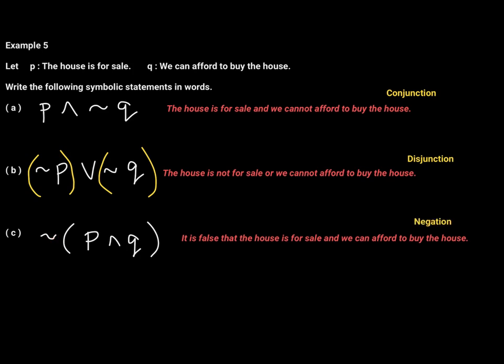All right, very good. Now let's talk about if-then statements. So these are conditional statements. So the conditional is symbolized by this symbol here, kind of like an arrow going to the right. And the way we read this is if-then.